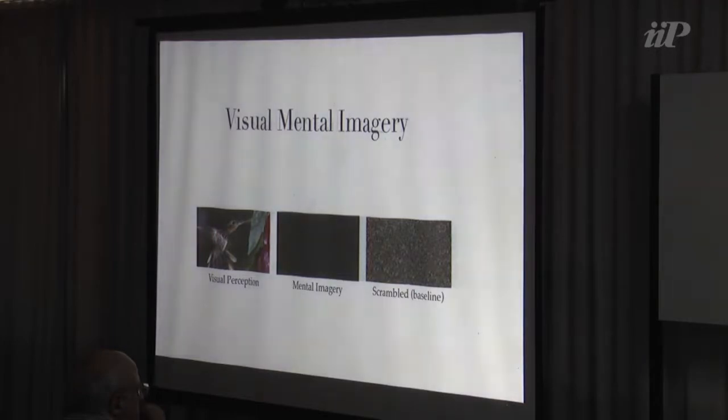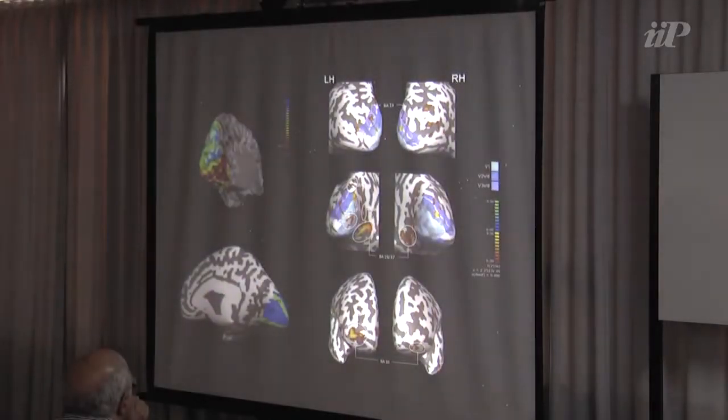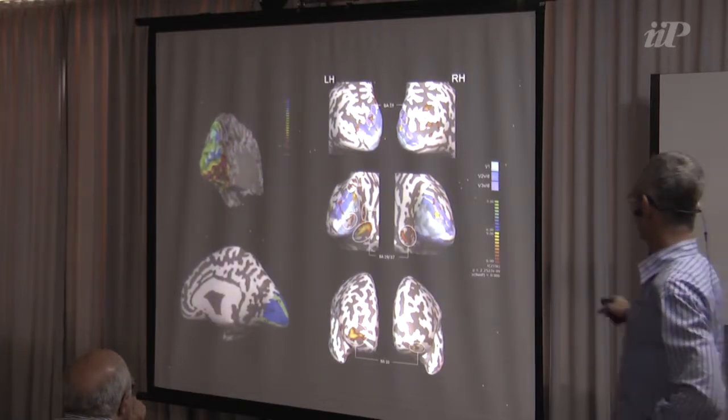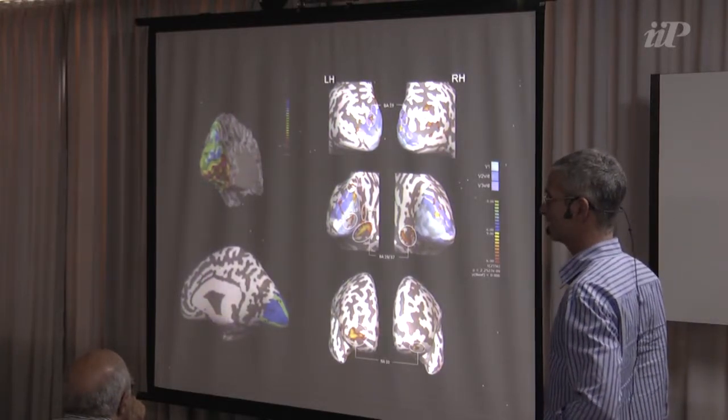What is it that we found? This map here is at a p of 10 to the minus 9.